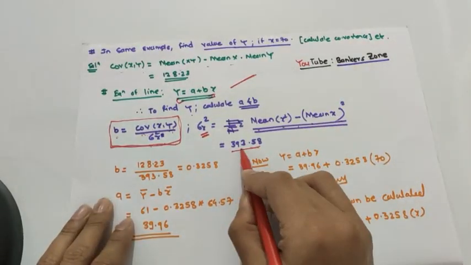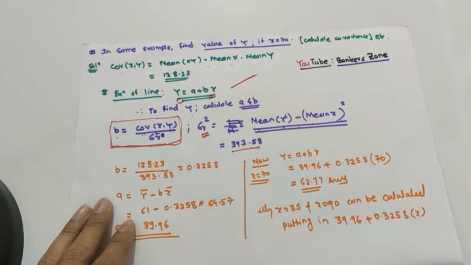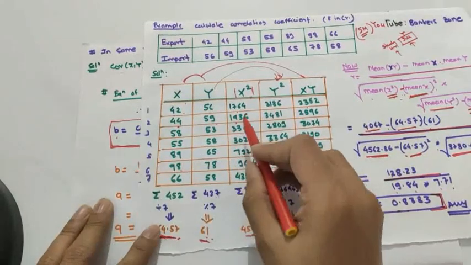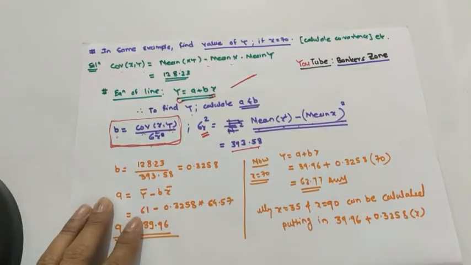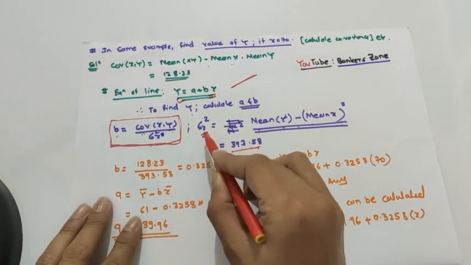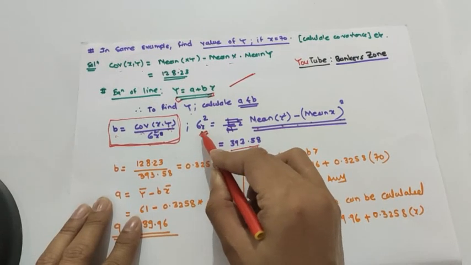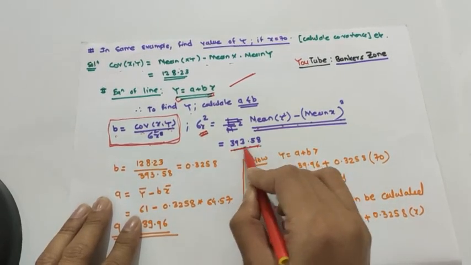That we have also calculated. When you put the values, you will get 393.58. From the table you can take the values for mean of x square and mean of x bracket square. So sigma x square we have calculated.